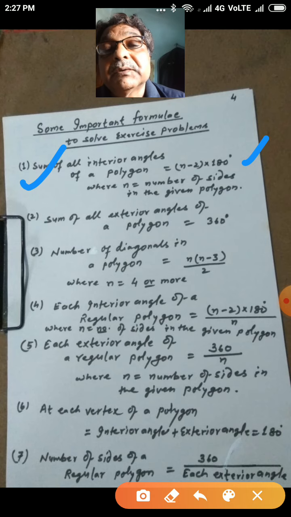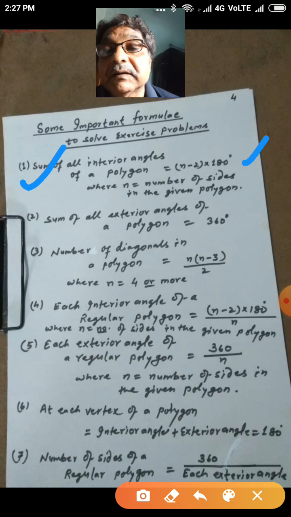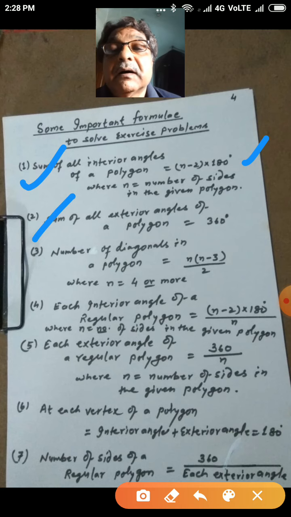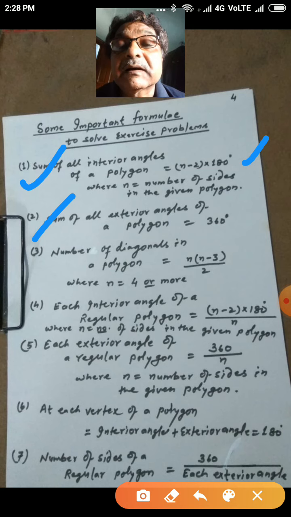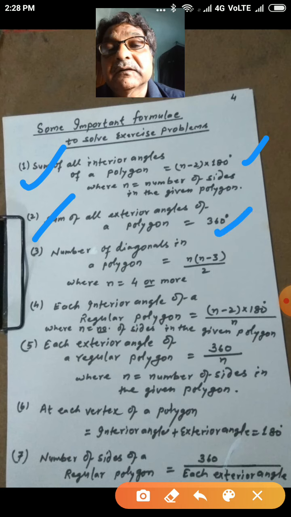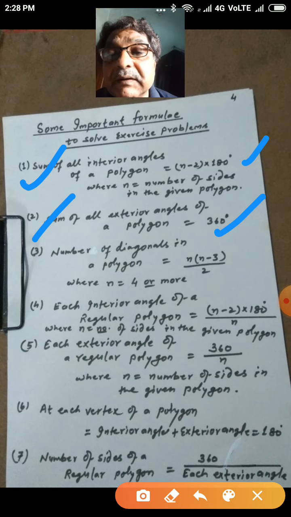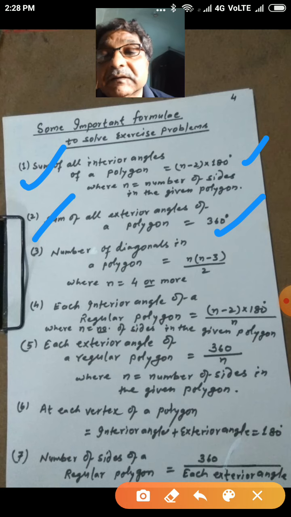Second, the sum of all exterior angles of a polygon is always fixed. It is 360 for all, whether the polygon has 3, 5, 8 or 10 sides, whatever the number of sides. For all polygons, the sum of all exterior angles is always 360.